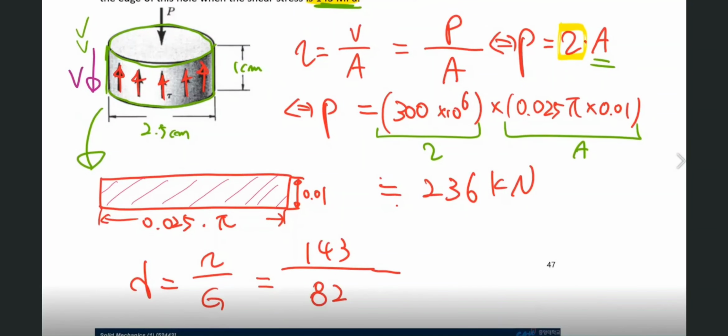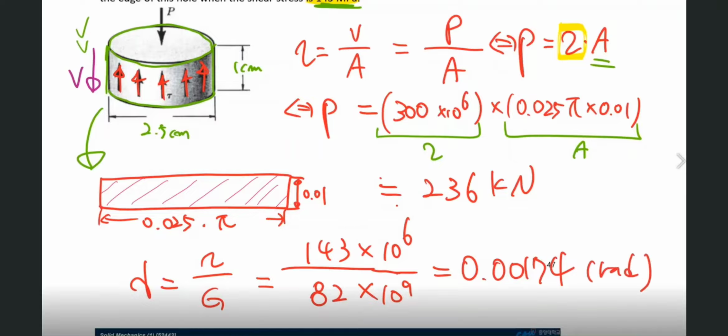So change to the unit: 143 times 10 to the 6 Pascal over 82 times 10 to the 9 Pascal is equal to 0.00174 radian.